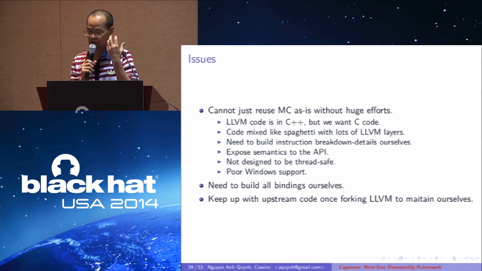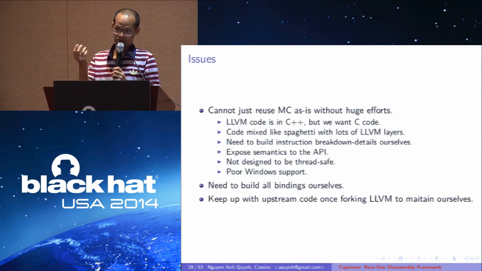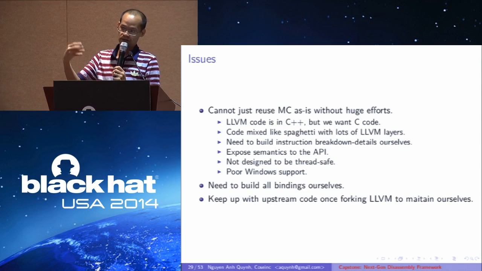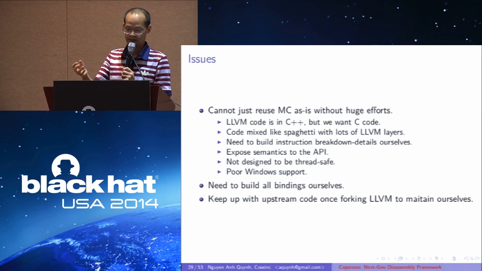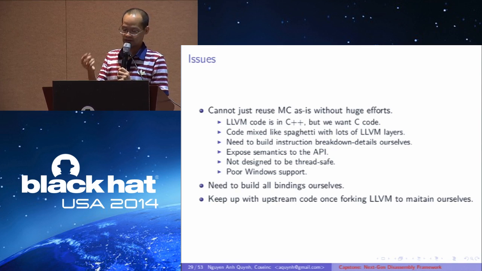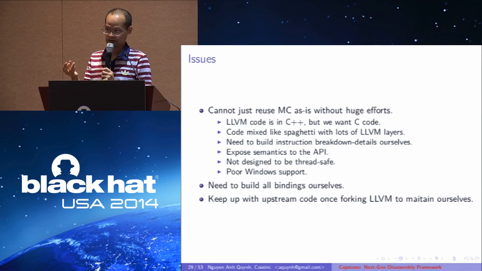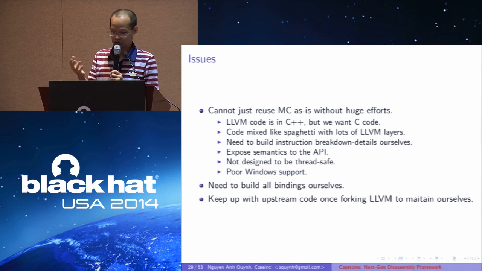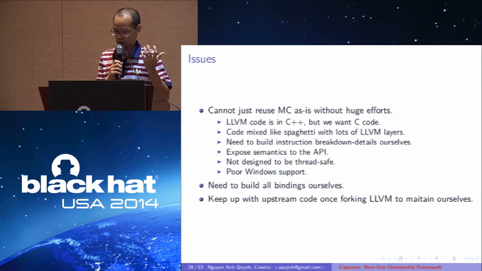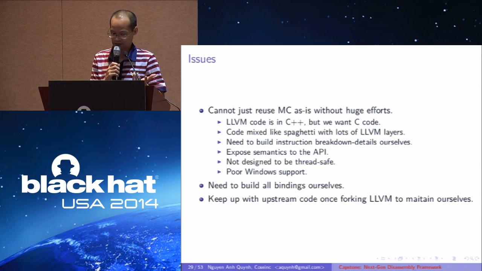If I use C++, it is very hard for a C program to integrate with it. But it's very easy for C++ code to use C. So C is the best choice. So I want C, not C++. So I cannot use MC as is.